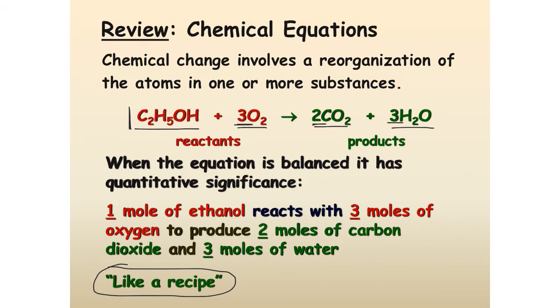That gives us our mole ratios. Just like a recipe, we can make changes to our reaction. We can double it. So now if we were reacting 2 moles of ethanol, we would need 6 moles of oxygen. That would produce 4 moles of carbon dioxide and 6 moles of water.